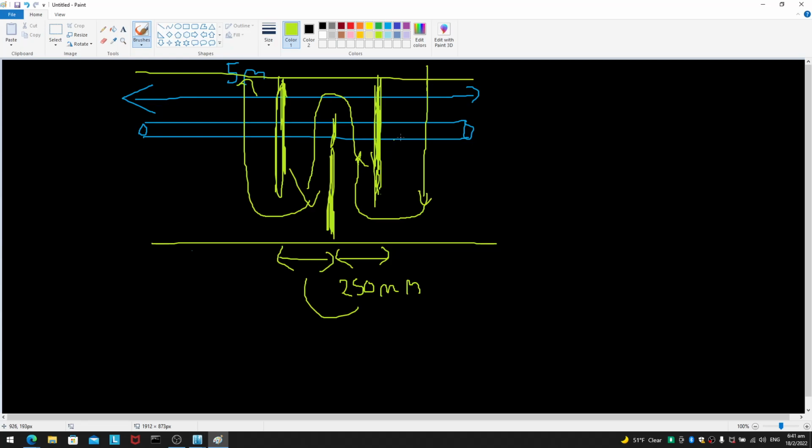The thing is that if you take a look at this setup, there'll be at least four spaces of 250 mm. So 1, 2, 3, and 4. Alright, 4 spaces of 250 mm.